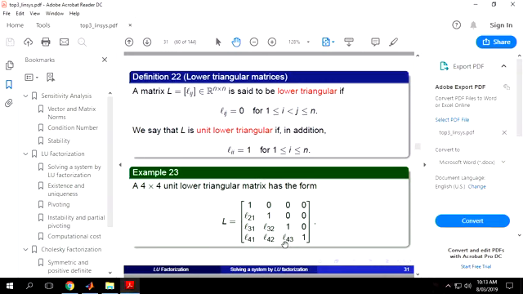And if the diagonals, all the elements, are 1s, then you got a unit lower triangular matrix. So you see, the name is very easy to remember, right? Lower triangular. This one is lower, and this one is a triangle. The lower triangular part is non-zero.